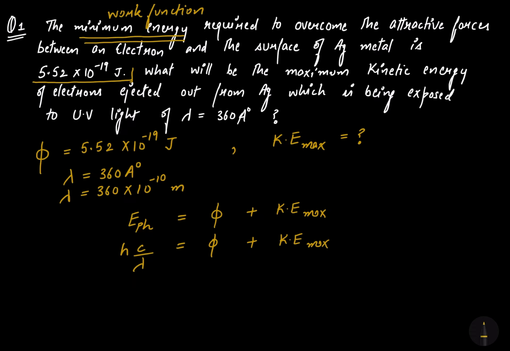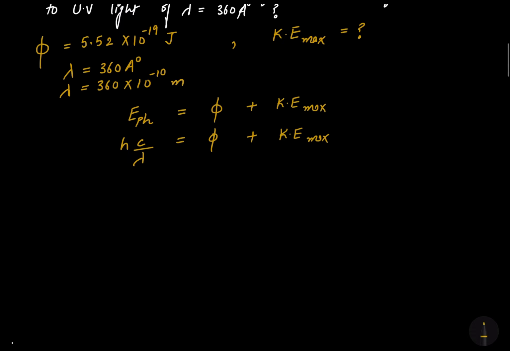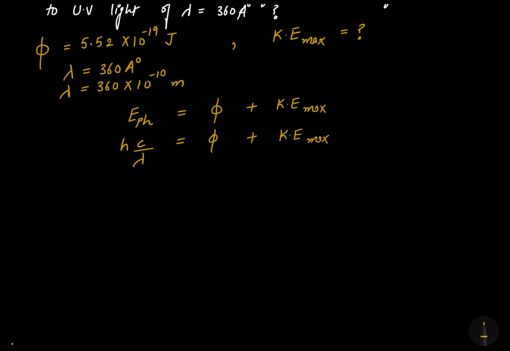So let me substitute the values of every constant and the given values. What is the value of Planck's constant? It is first of all 6.626 into 10 to the power minus 34. What's the speed of light?